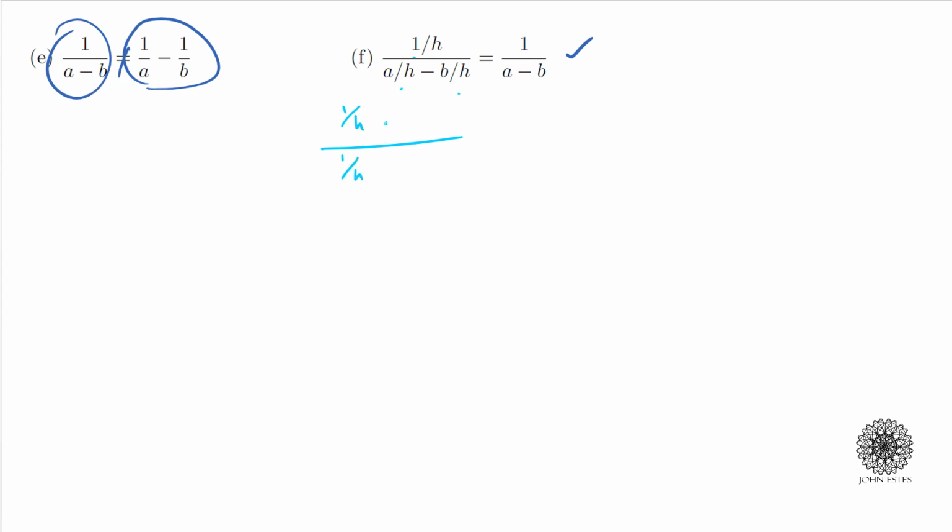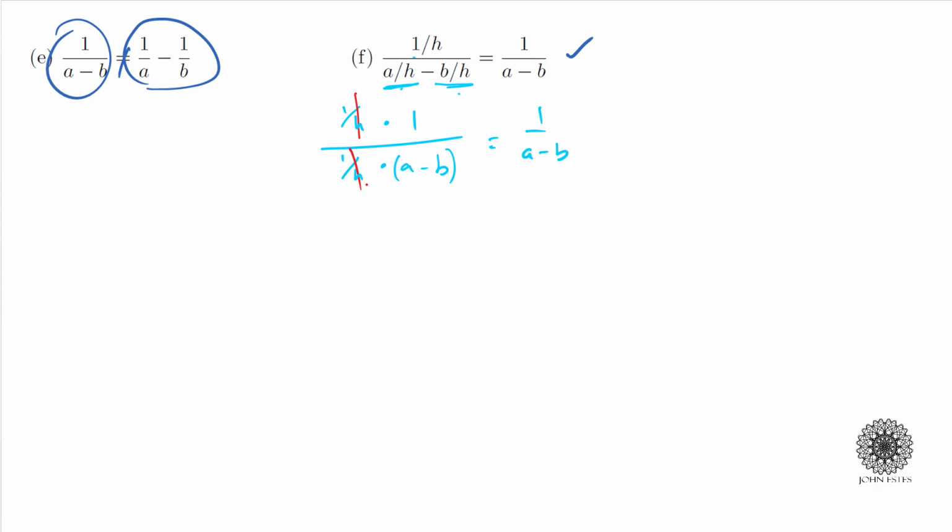And when I do that, in the numerator, I'm just left with a 1. In the denominator, if I take out a 1 over h out of this first term, I'm left with an a. And out of the second term, I'm left with a b. So I have 1 over h times (a minus b). And if you notice, then I can cancel out the 1 over h's and am left with 1 over (a minus b). So that does work.